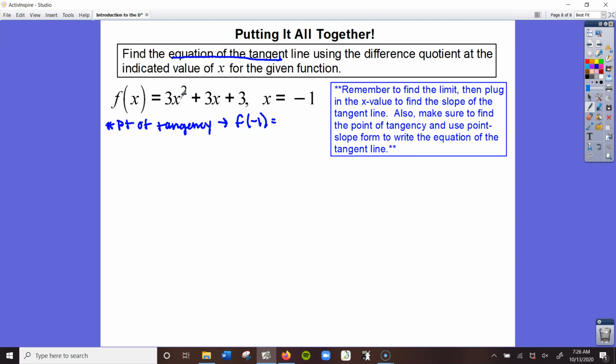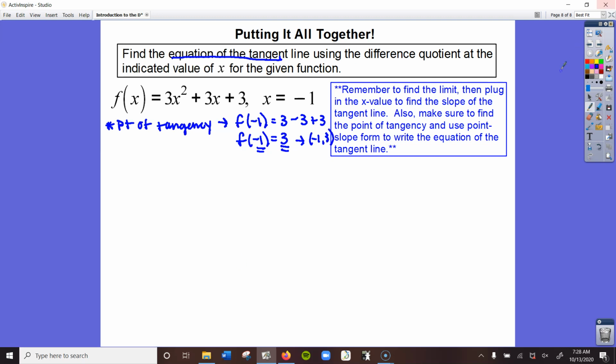When I plug in negative 1, I get 3 times negative 1 squared, which is a positive 1, so 3. Then plus 3 times negative 1 will be minus 3, plus 3. So that means that f of negative 1 is equal to 3. So this is my point of tangency, the negative 1 comma 3.